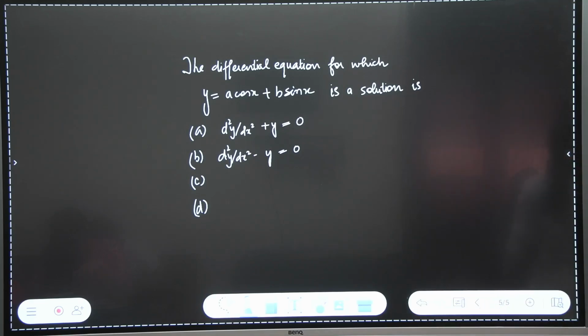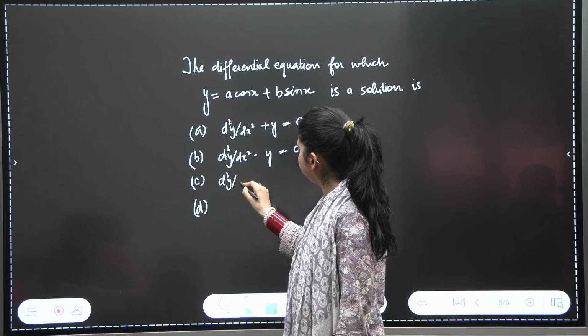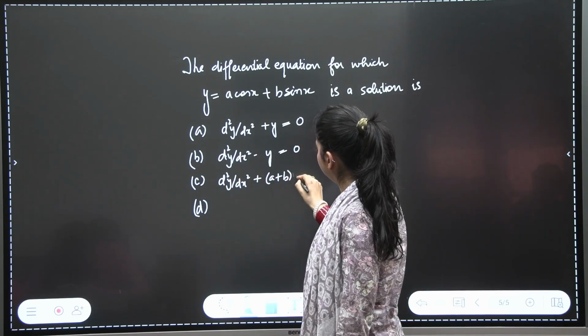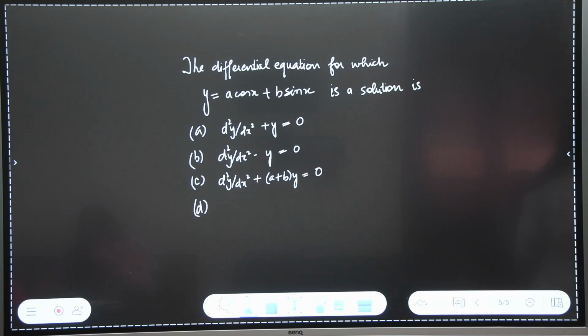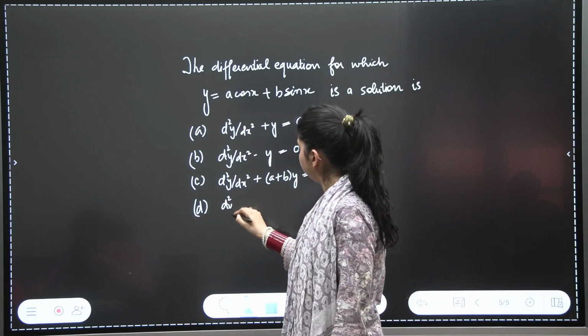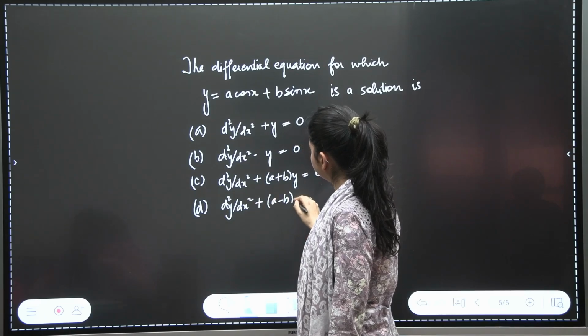The next is d square y by dx square plus (a plus b) y is 0. And the last one is d square y by dx square plus (a minus b) y is 0.